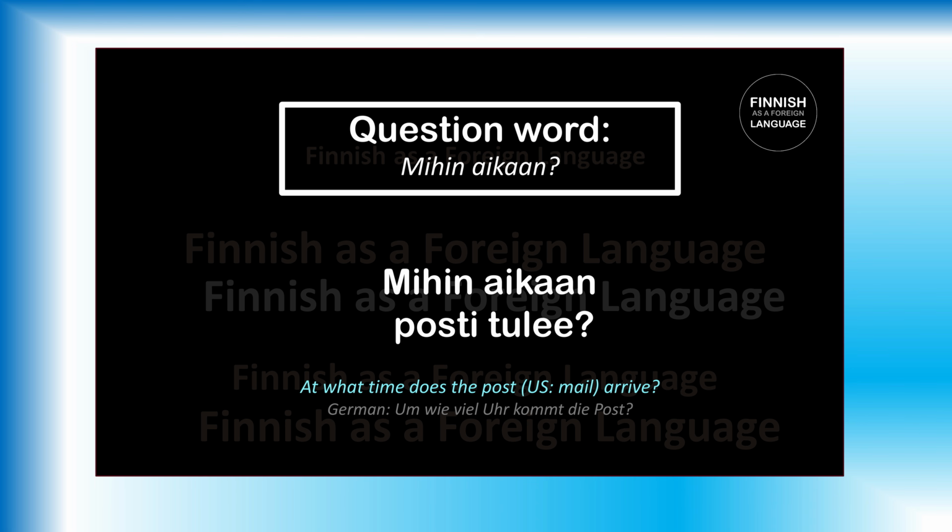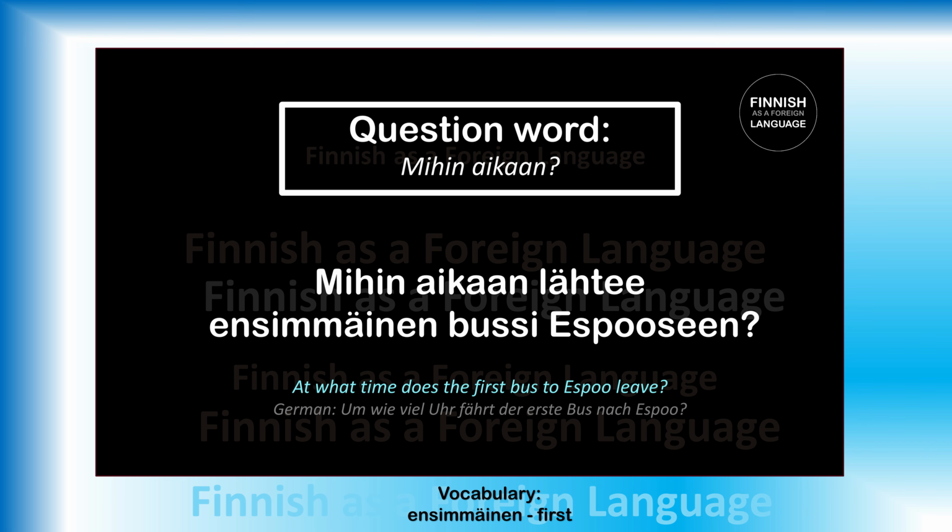Mihin aikaan posti tulee? At what time does the mail arrive or does the post come? Let's take a look at our second example. Mihin aikaan lähtee ensimmäinen bussi Espooseen? Means at what time does the first bus leave to Espoo?